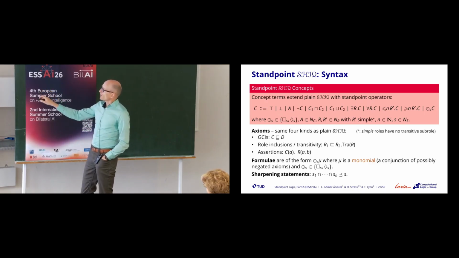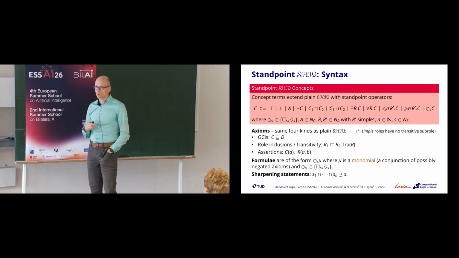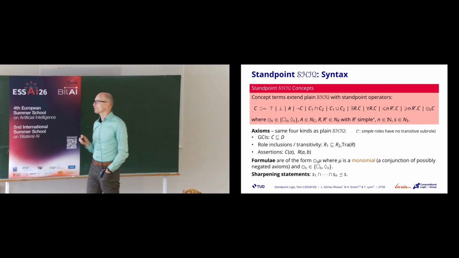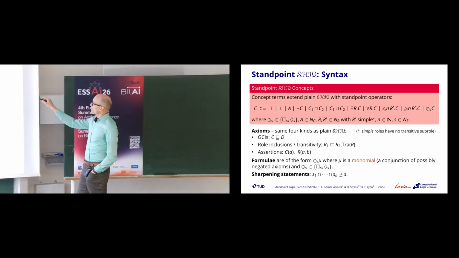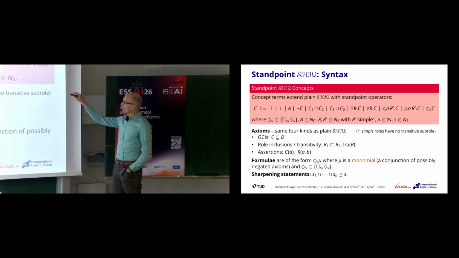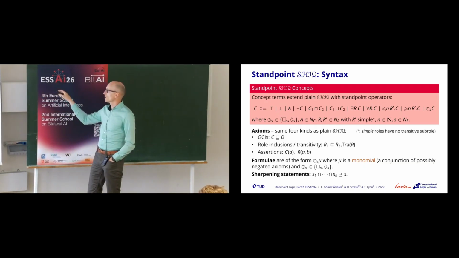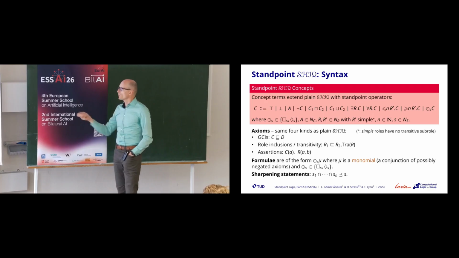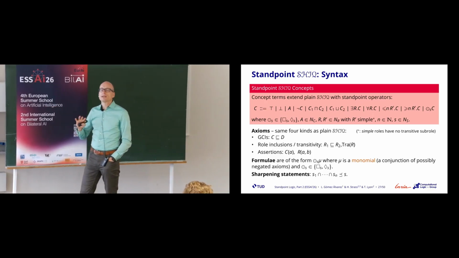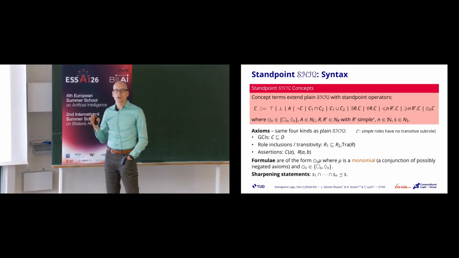This SHIQ has a quirk because it makes a distinction between so-called simple and non-simple role names, and this is a purely technical issue. The point is that within qualified number restrictions, you are only allowed to use so-called simple role names. And simple means they are not allowed to be transitive or more generally have any transitive subrole.